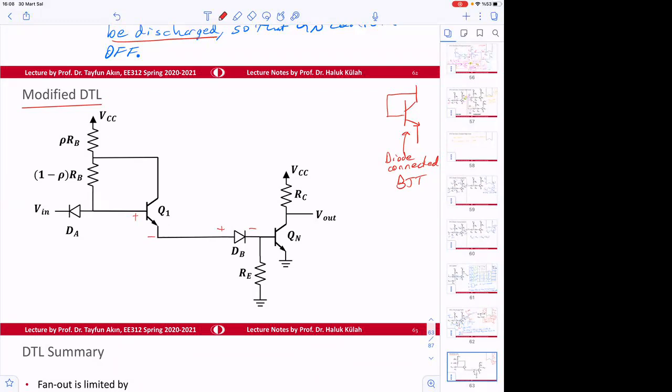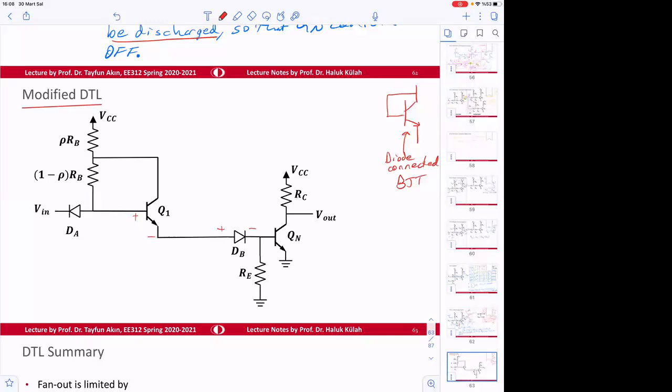So some people said, let's just split this RB resistance, and then design it like this. So add a Q1 here.